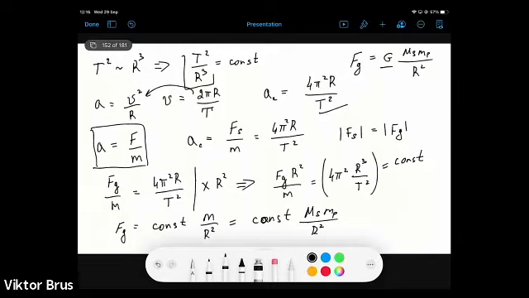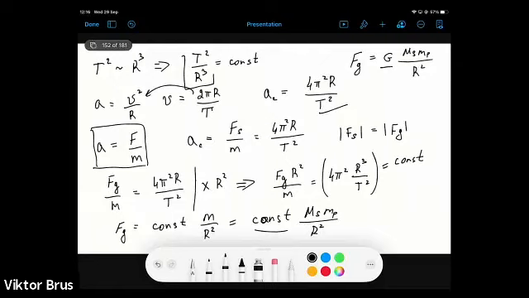So initially, this constant was not known, obviously. You get some expression for gravitational force in terms of mass of two objects and distance between them, but the constant was unknown.